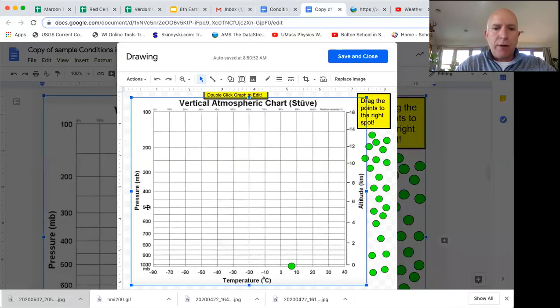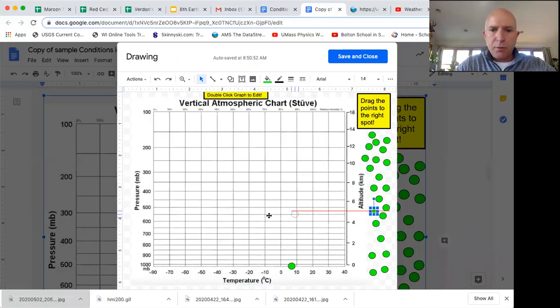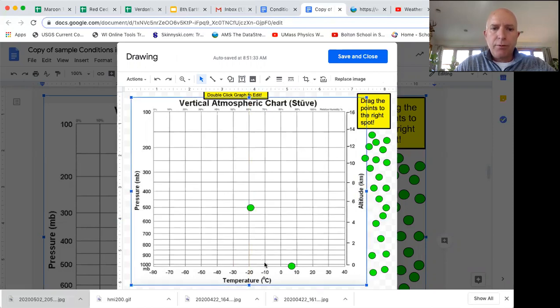So here's the 500 millibar height, and the temperature was 19 below. So we grab another green dot, we drag it over to 19 below at 500, we release it. So you plot that temperature versus height or air pressure, and you save it and submit it.